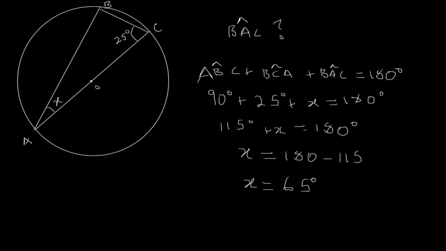Let's look at a different principle. The next principle that we're going to look at is one that deals with angles that are coming from the same chord. I keep on saying segment, but I mean angles coming from the same chord. So let's say we've got a chord there, and we've got a triangle.